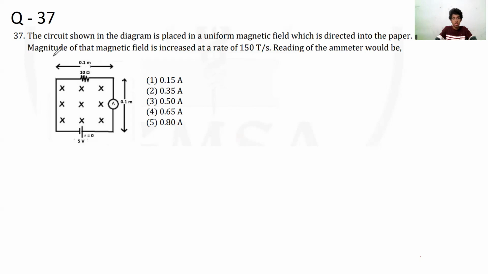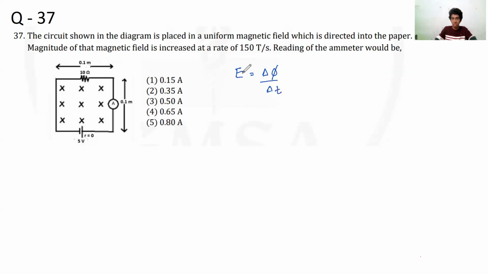So they have mentioned that the magnitude of the magnetic field is increased at a rate of 150 Tesla per second. So what happens when the magnitude of the magnetic field is increased? Then an electromotive force will be induced in the circuit. So here we can apply Faraday's law. According to Faraday's law, E is equal to delta psi over delta t.